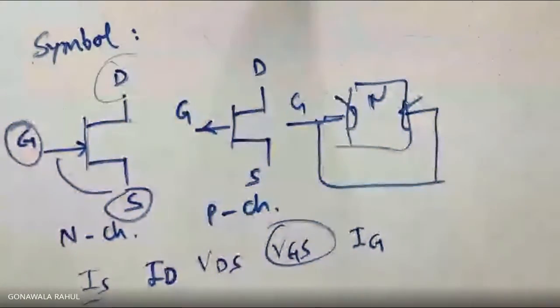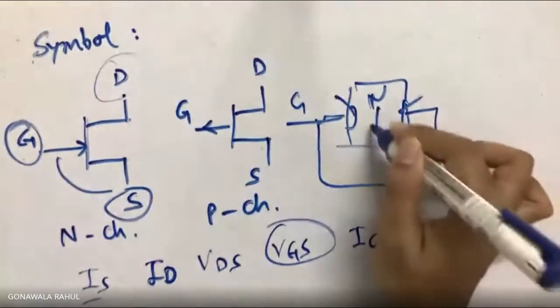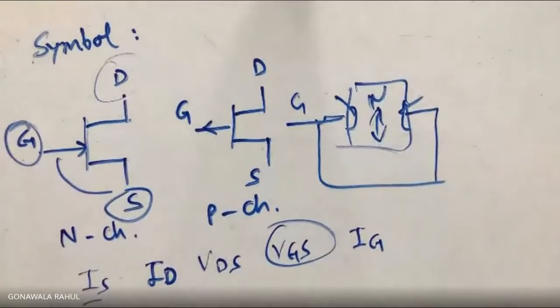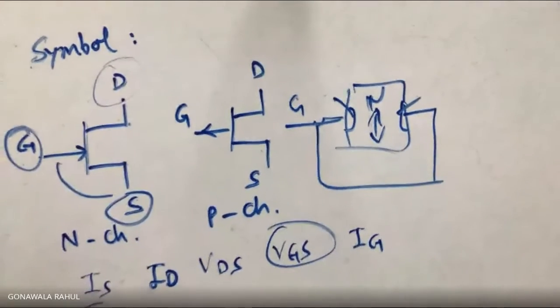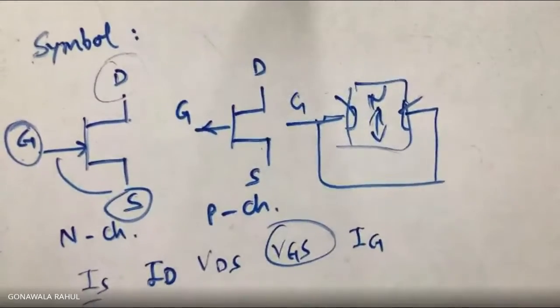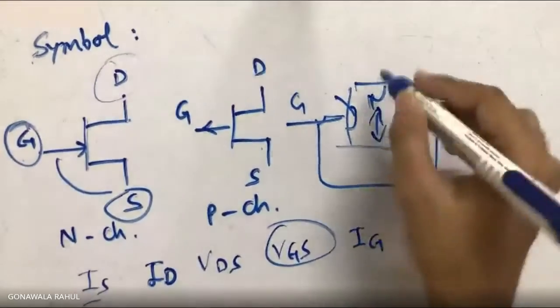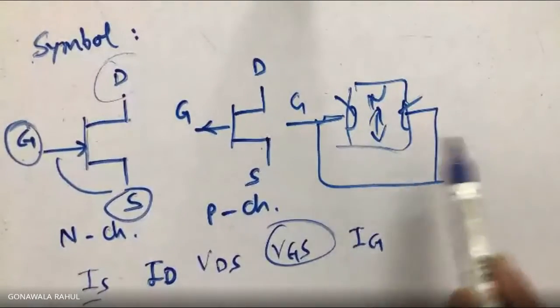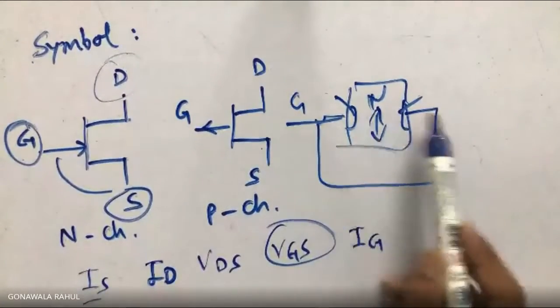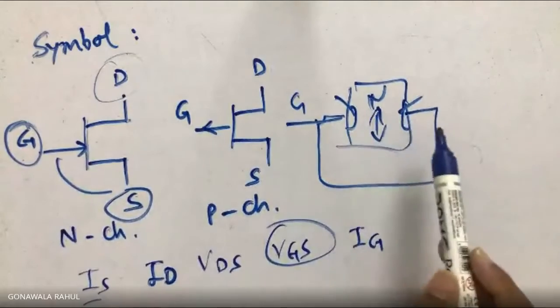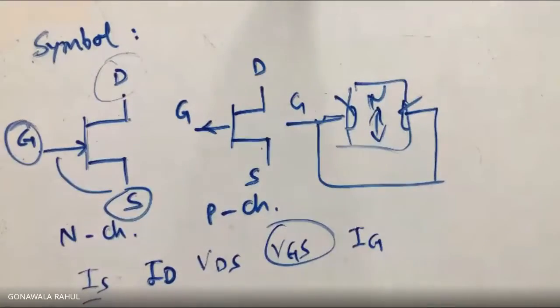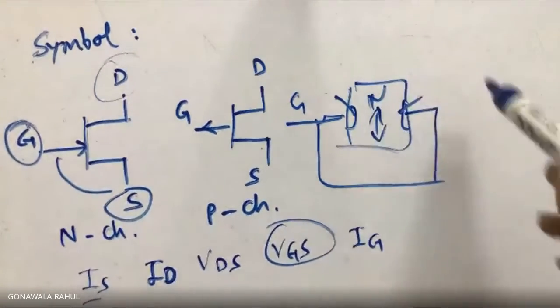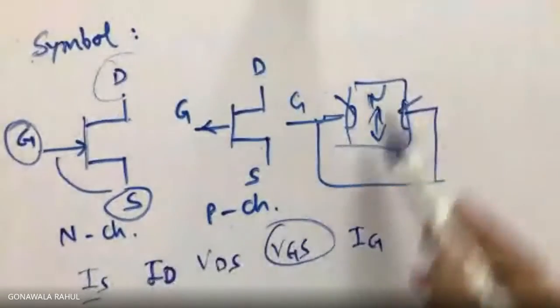Now what is channel? N type channel: the region between source and drain, sandwiched between the gates, is called the channel, and majority carriers move from source to drain through this channel.